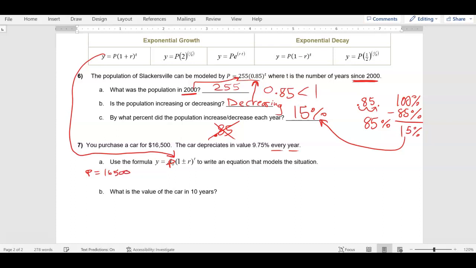16,500. What is my R value, my rate? It says 9.75%.